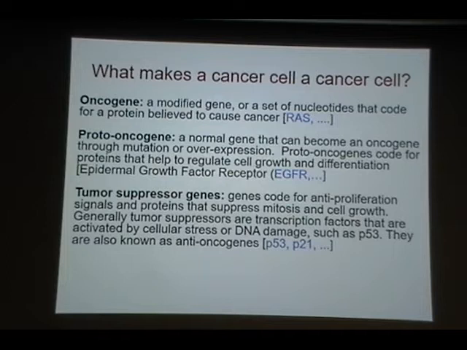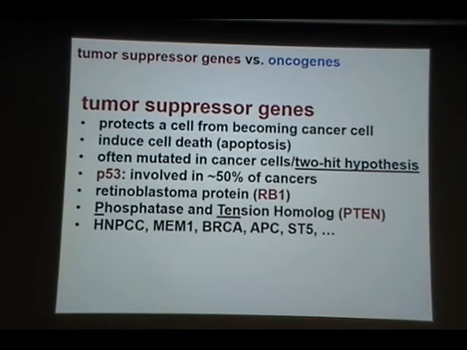overexpressed. On the other hand, we also have genes called tumor suppressor genes, and I'll put more details there. And proto-oncogenes, definitely, are genes that have the potential to become an oncogene. So what are tumor suppressor genes? Tumor suppressor genes protect a cell from becoming a cancer cell.